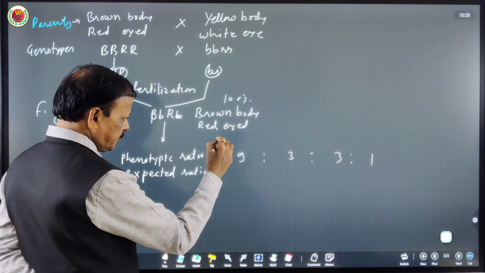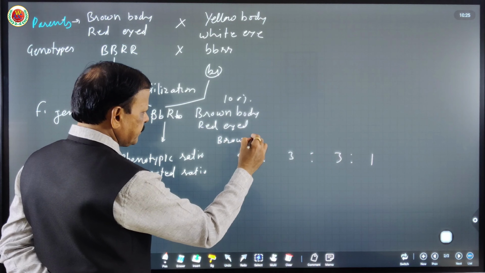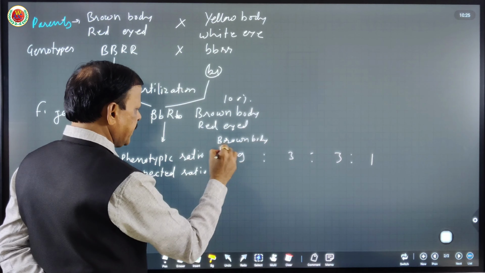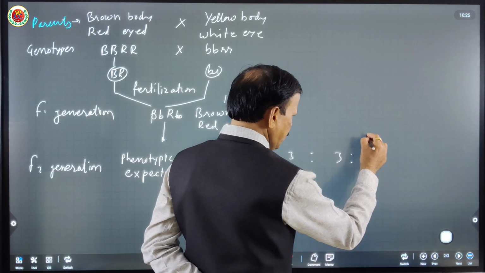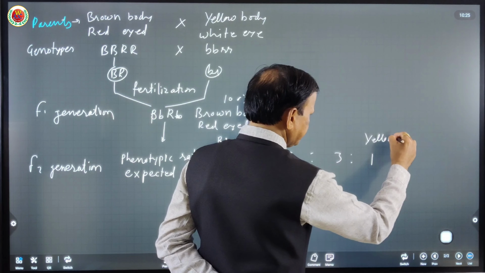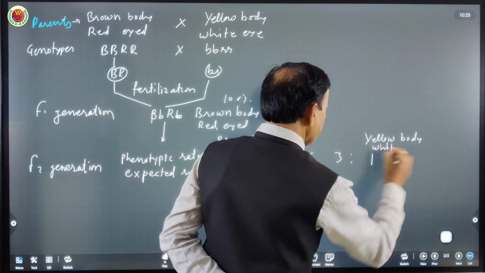What was the 9? Nine, brown body and red eye, was expected. Here, yellow body and white eye, that one.